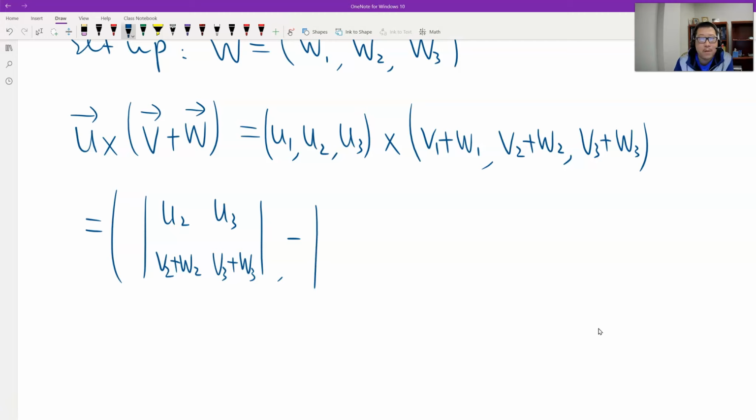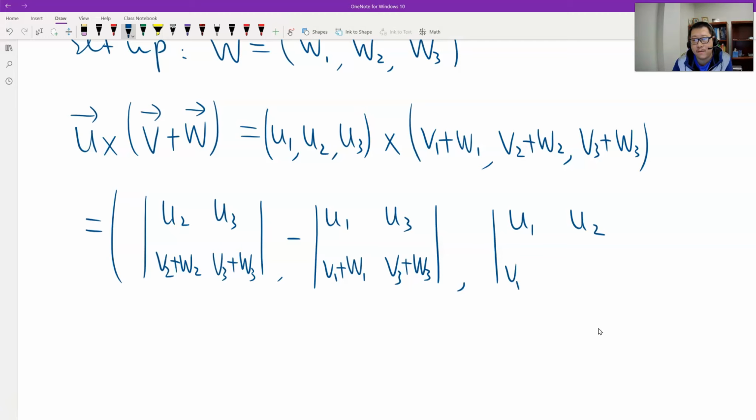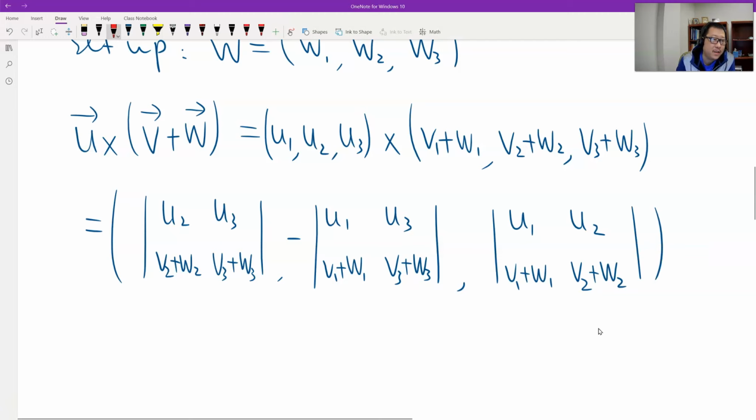It doesn't have the second component, which is U1, U3, V1 plus W1, V3 plus W3. And then one more. The third component doesn't have the third, which is U1, U2, and then V1 plus W1, V2 plus W2. See the definition, right? This is the definition.